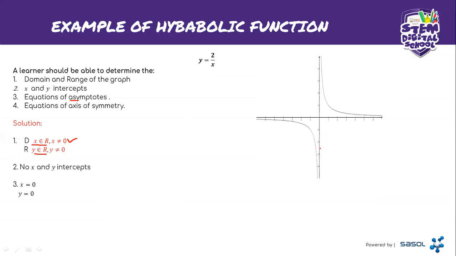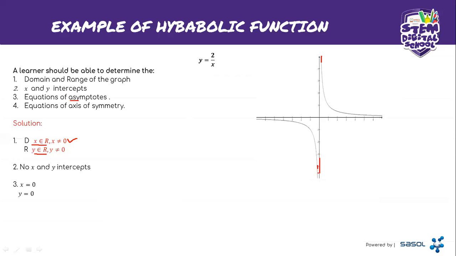And how will you be able to see the asymptote? It is a line which the graph approaches. You can see this graph approaches this line here. So this line is going to act as an asymptote.